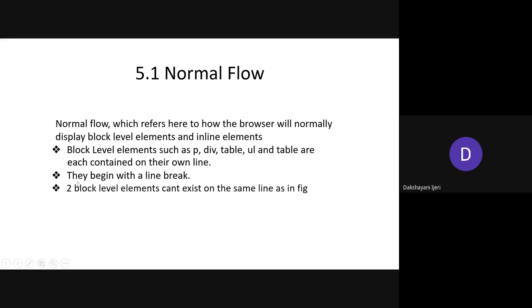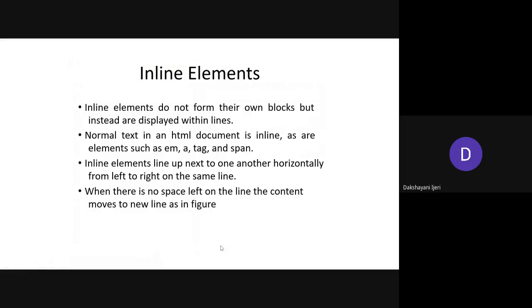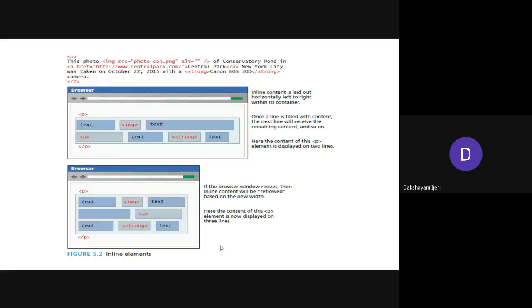The inline element examples are images, EM elements, span elements, text elements, and strong. All the inline elements, which we have discussed in the first module, appear horizontally by default no matter where they have been included in your code.